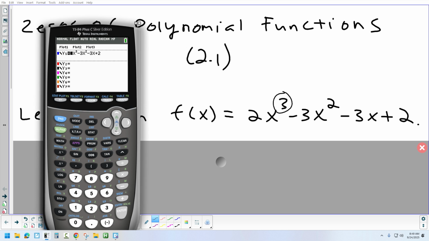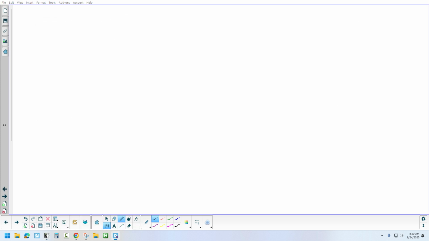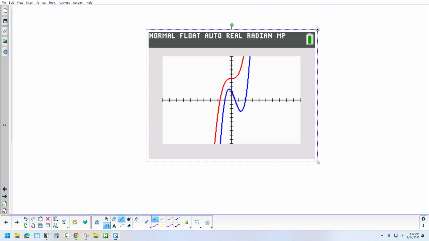Not everything with an exponent of 3 will turn 2 times. Here's one. If I graph it, it never really turns. If you zoom in, you could see it a little bit better.